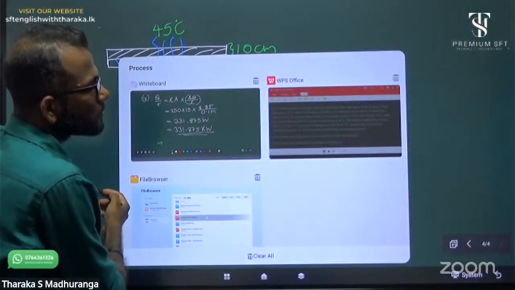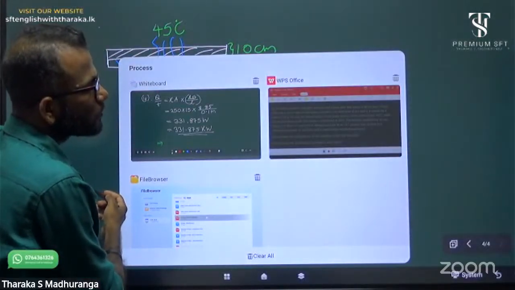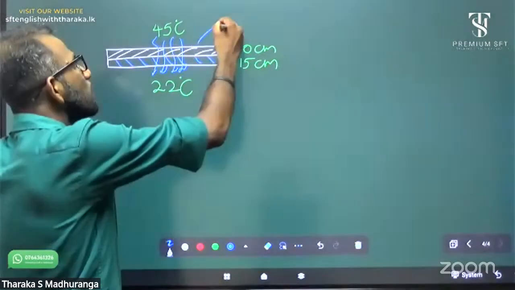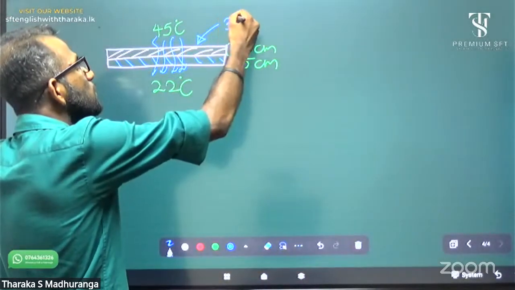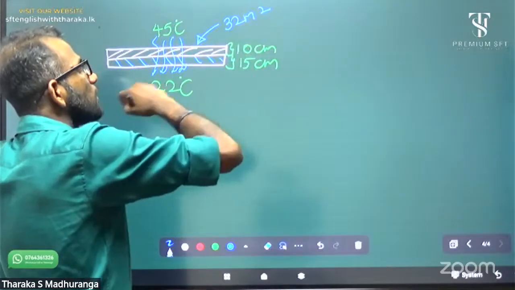The thermal conductivity is also given. 8 into 4 means the area of the wall is 32 square meter. That's the area.